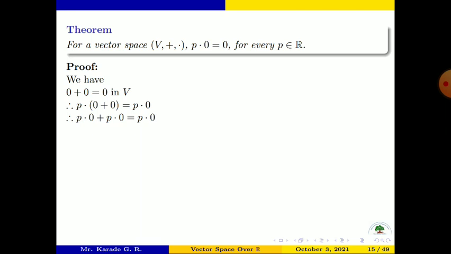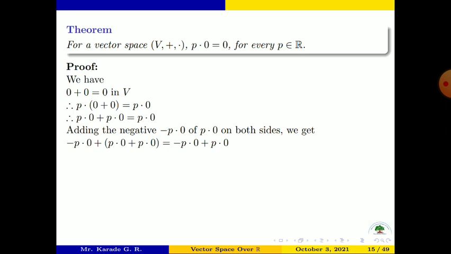Again we add a negative: adding minus P into 0 on both the sides, we get minus P into 0 plus (P into 0 plus P into 0) is equal to minus P into 0 plus P into 0. So that is very simple.